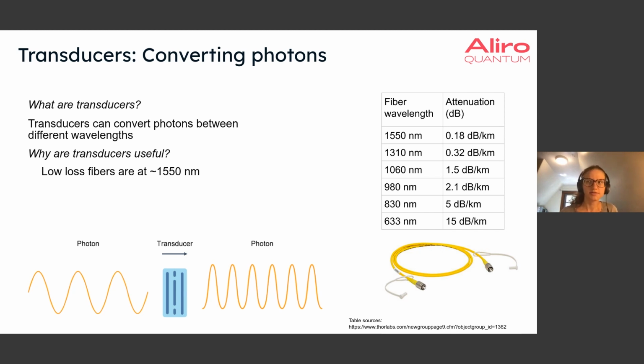So it turns out that there are two windows for telecommunications that are really viable, and these windows are around 1500 nanometers and around 1300 nanometers. So if we want to be able to have quantum networks that go across really long distances, we would probably want to try to use photons and fibers operating at around 1500 or 1300 nanometers.